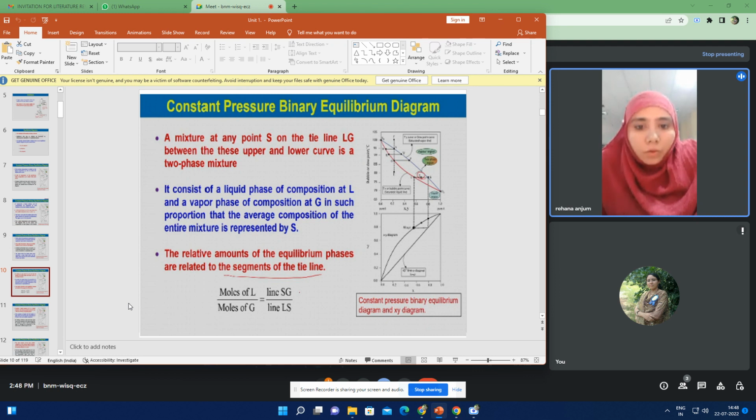It consists of a liquid of the composition at L and a vapor of the composition at G. The average composition of the entire mixture is represented by S, and the relative amounts of these equilibrium phases can be related to the segments of the tie line, LS and GS.